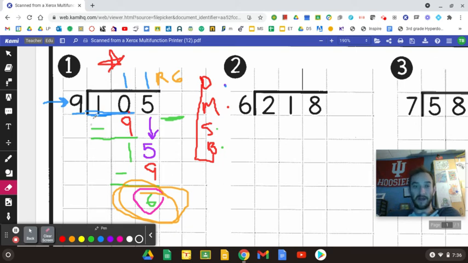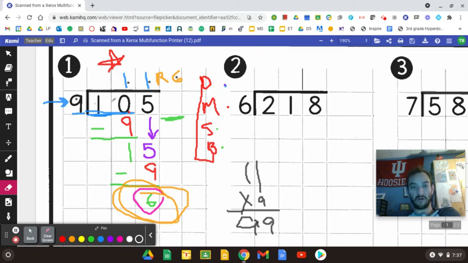To do that, we multiply our quotient, 11, by our divisor, 9. 11 times 9 is, of course, 99. But I'm not done because this one had a remainder, so I have to make sure I include that.